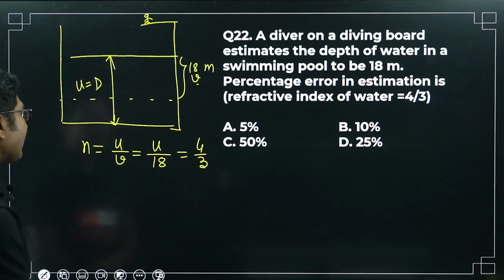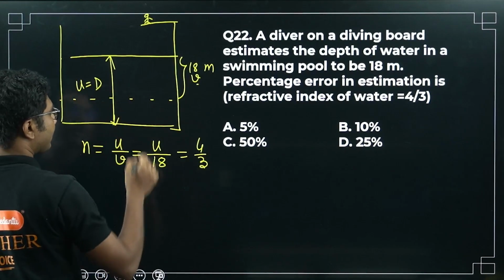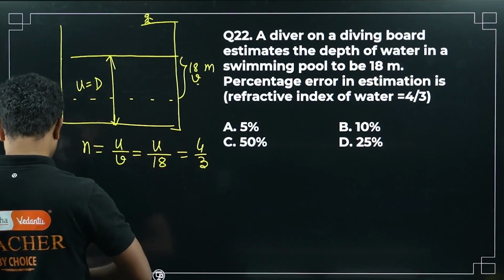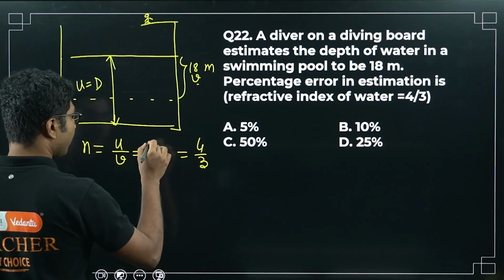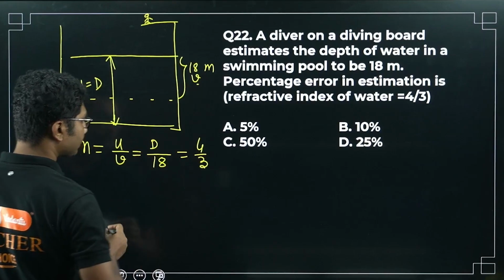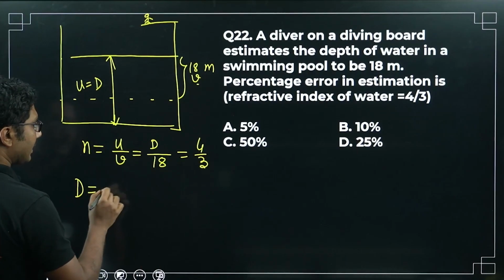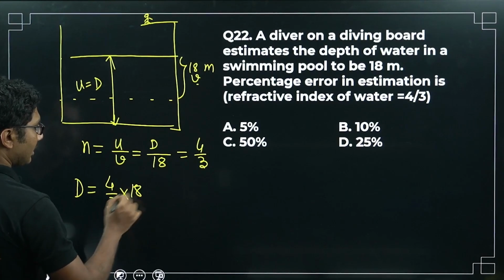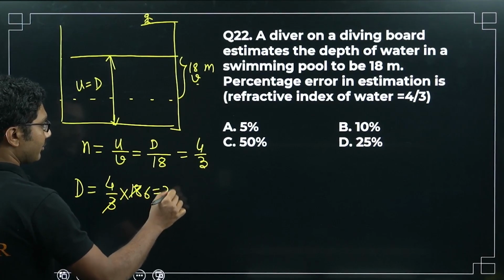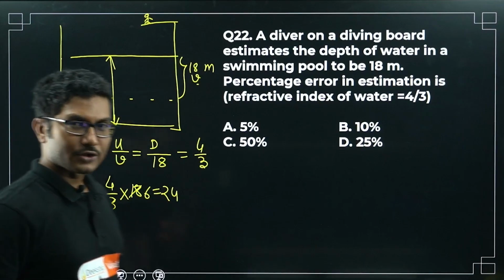We have to calculate the value of actual depth, capital D. So capital D is basically 4/3 times 18, that is 6 times 4, that is 24. So 24 is the actual depth.